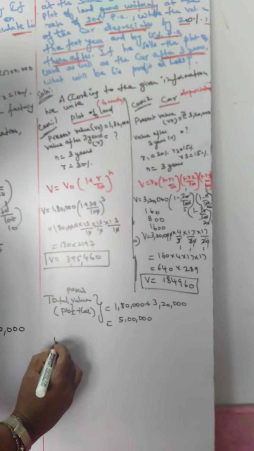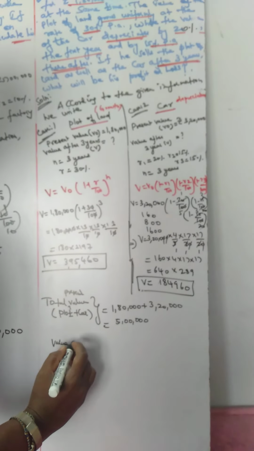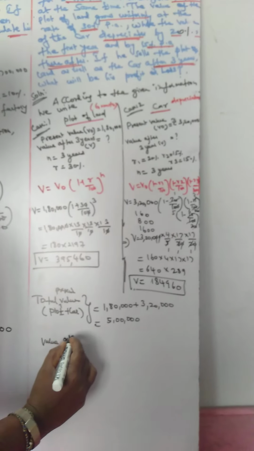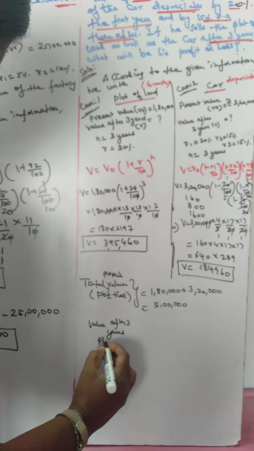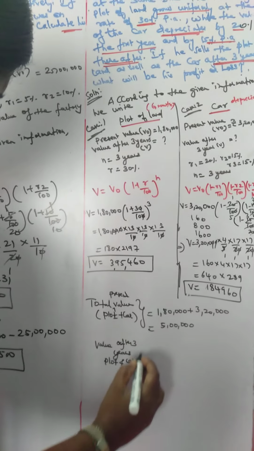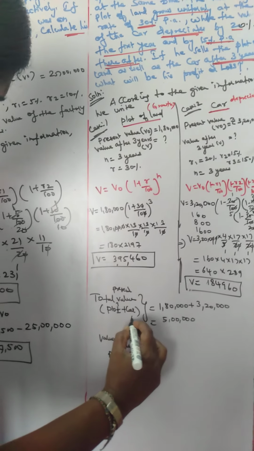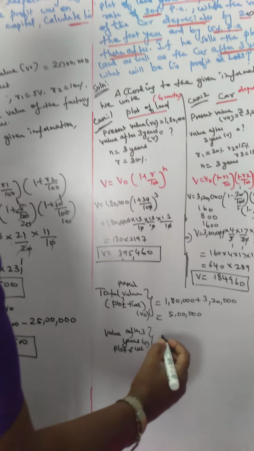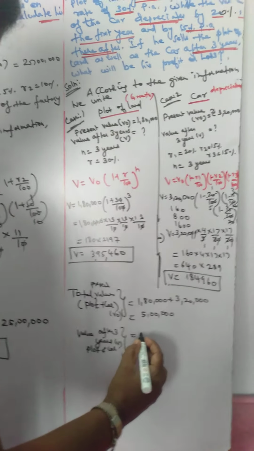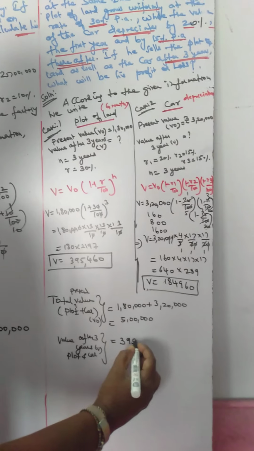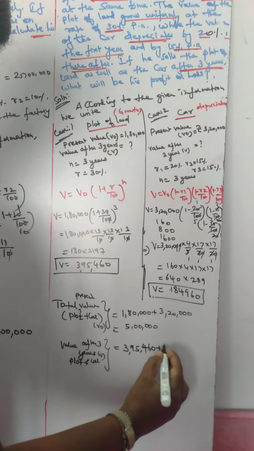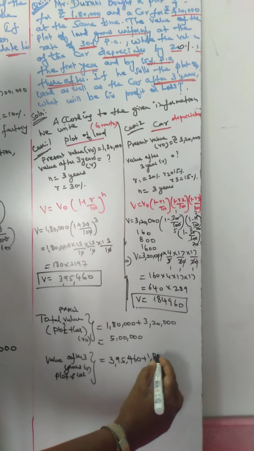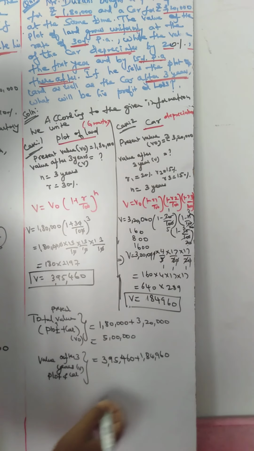Then the value after 3 years of plot and car, that is V, this is V naught, which is equal to 3,95,460 plus 1,84,960.